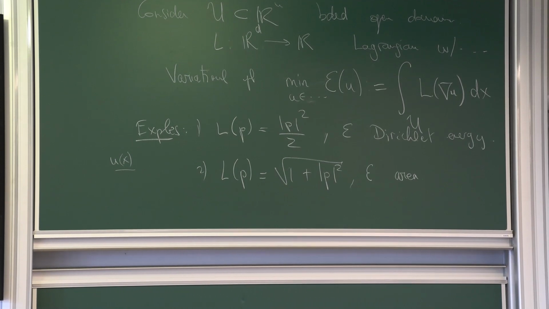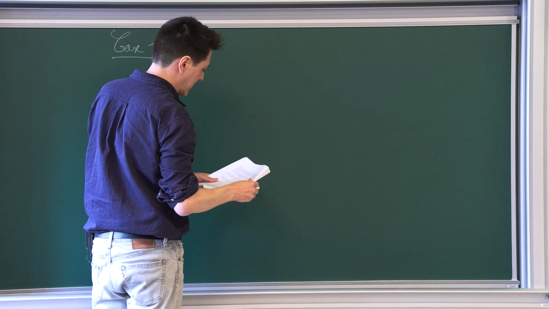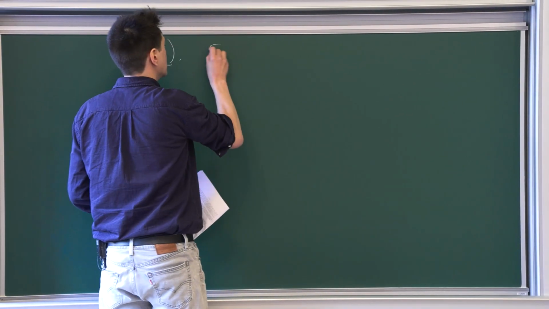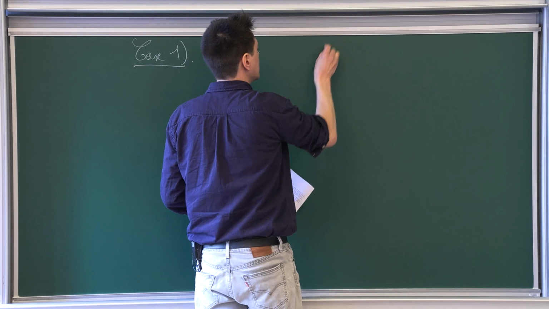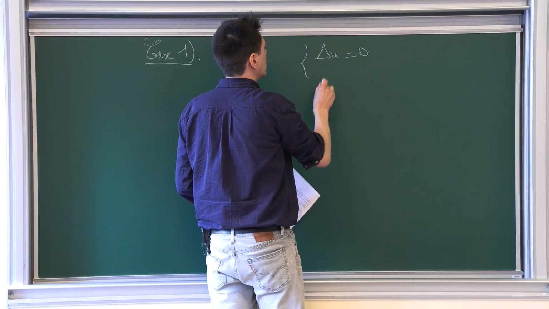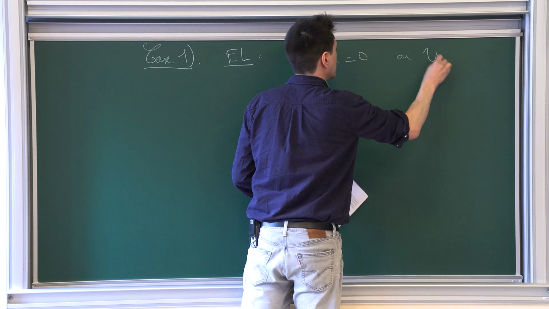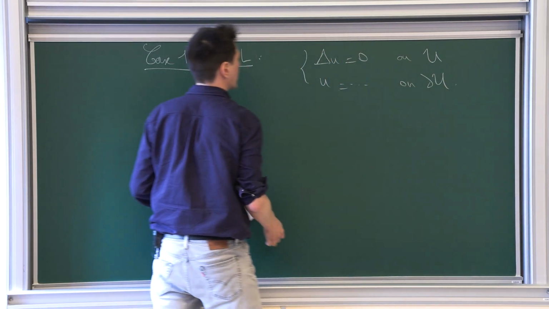And therefore, in case 1, you write down the Euler-Lagrange equation, and you obtain, obviously, the standard Laplace equation. And of course, I don't tell you what I do on the boundary for now.